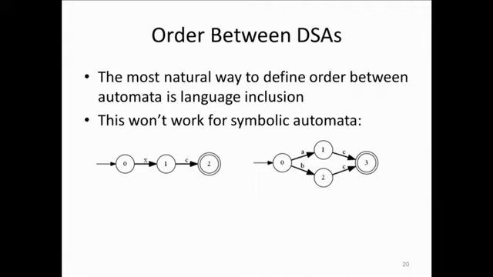Since we're looking at automata, you say, OK, language inclusion. You have automata, you order them by language inclusion. That wouldn't always work when you have symbolic automata.